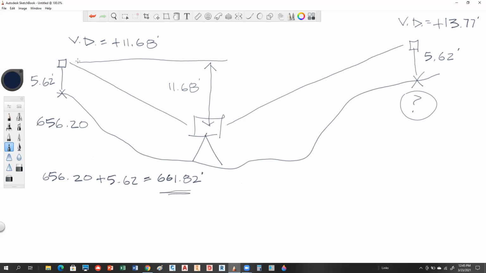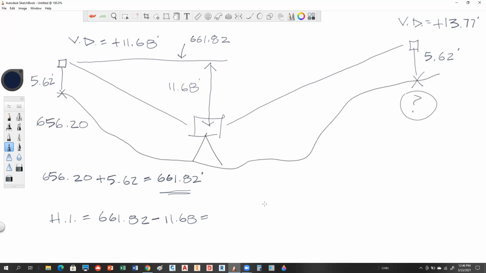Okay. So if this line is 661.82, what's my HI, the height of my instrument? 661.82 minus 11.68. You see that? Yeah.